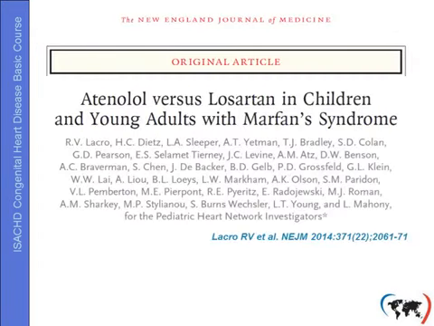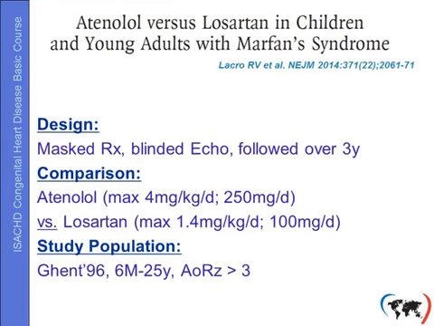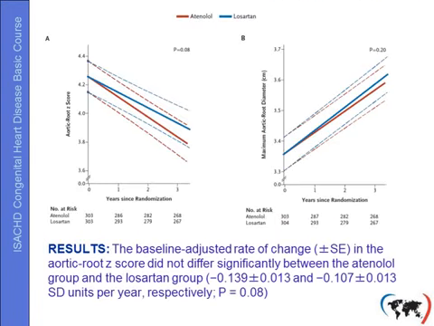The Pediatric Heart Network trial, which will be overall the largest trial, was published in the New England Journal of Medicine in November 2014. And in this trial, we used aortic root Z-score by echo as the primary endpoint in Marfan syndrome aged 6 months to 25 years, followed on high-dose atenolol versus standard dose losartan over 3 years.